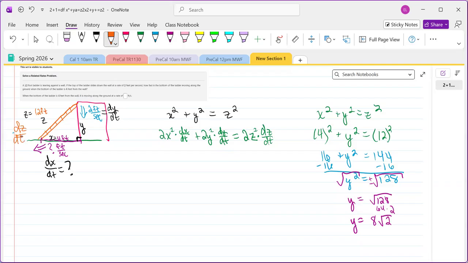Does the ladder ever change length? No. Not in the context of this problem. Certainly we could have ladders that change lengths, but in this one, they just said it's a 12-foot ladder. No talk about it changing lengths. So if it never changes, then its rate of change is 0.